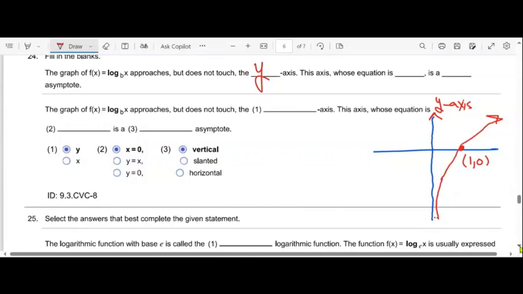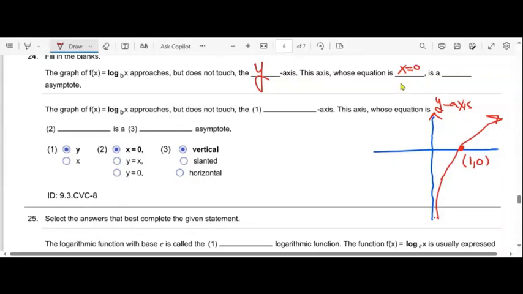Something like that. Okay. So we said y. This axis, whose equation? Continue. The axis whose equation is... if the x approaches, it will be the y. So now the x is, whose equation, it will be an x. x equals what? 0.